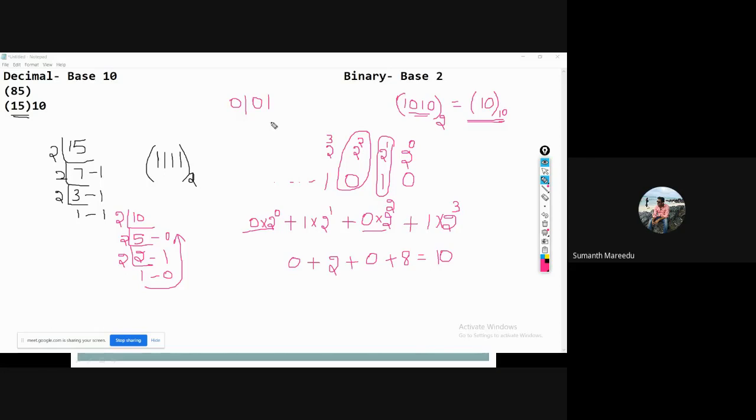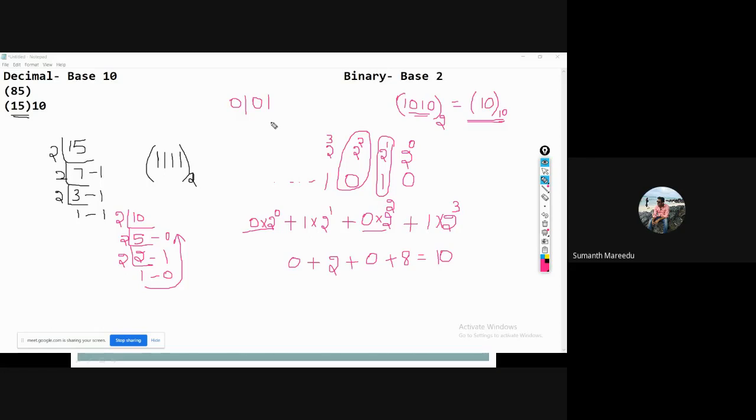What is the decimal equivalent of this number 0101? 5.